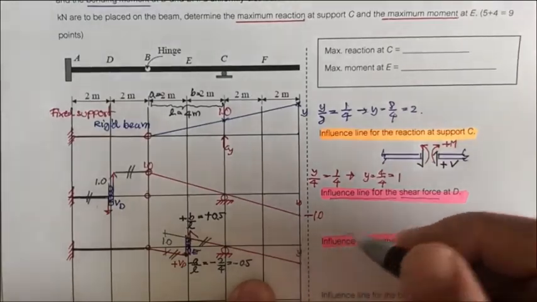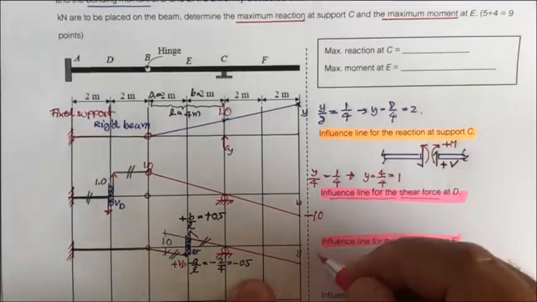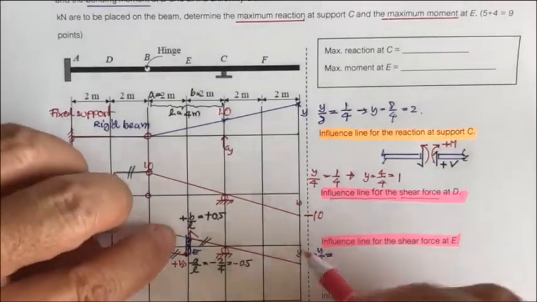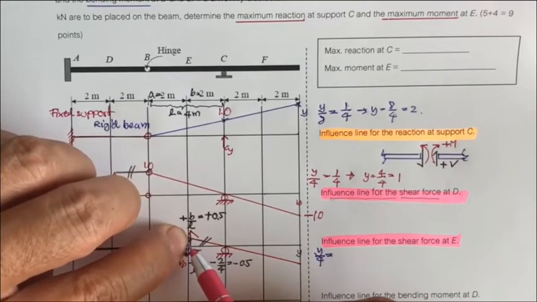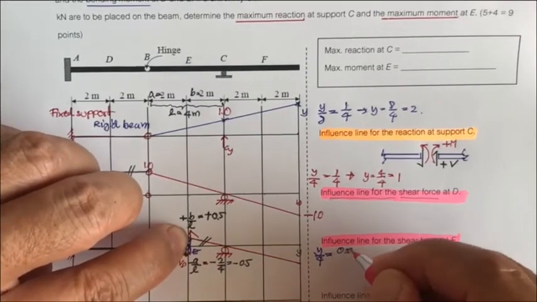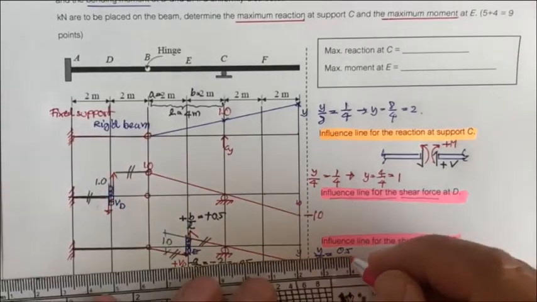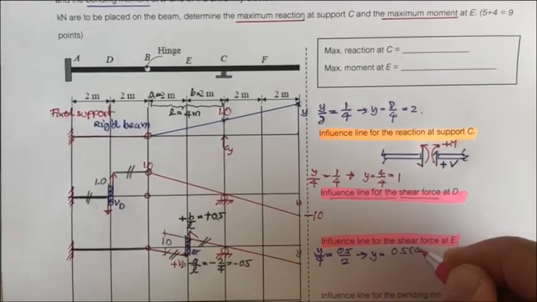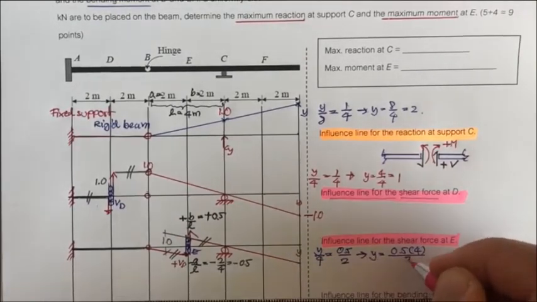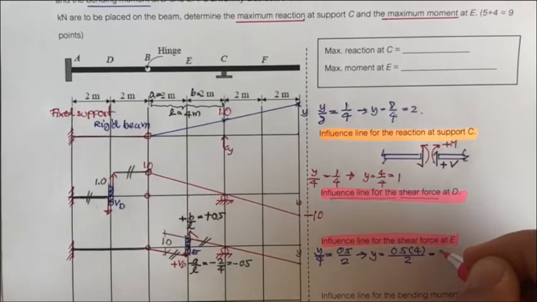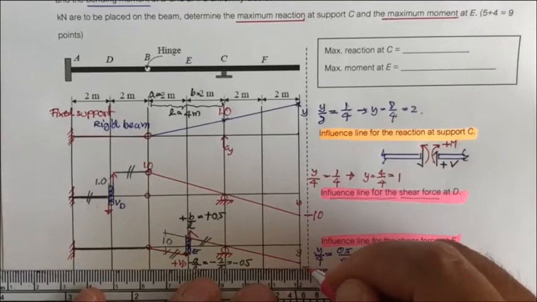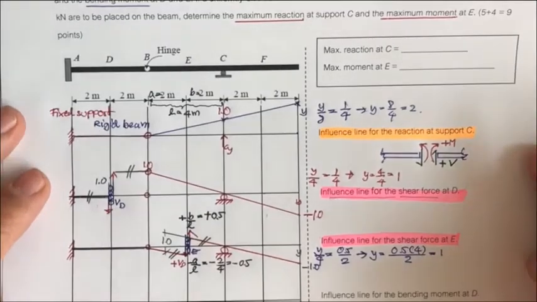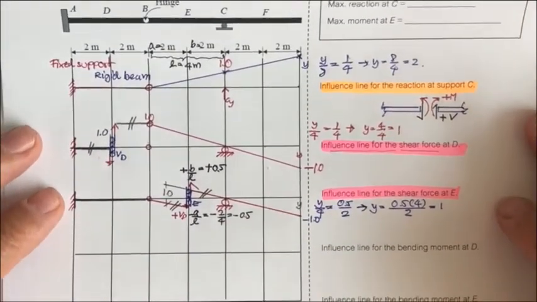Also, if this is y, you will have y divided by 4 equal to 0.5 divided by 2. So y equals 0.5 times 4 divided by 2, so it's 2 divided by 2, which is 1. However, it's negative, so this one is minus 1.0. That is another influence line diagram, of shear force at E.